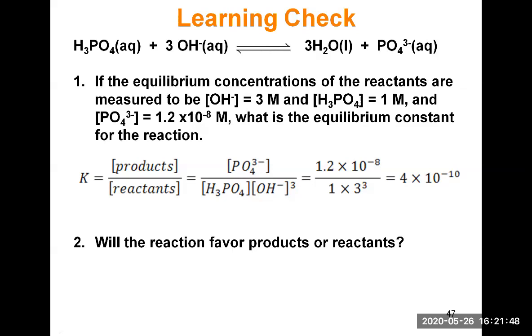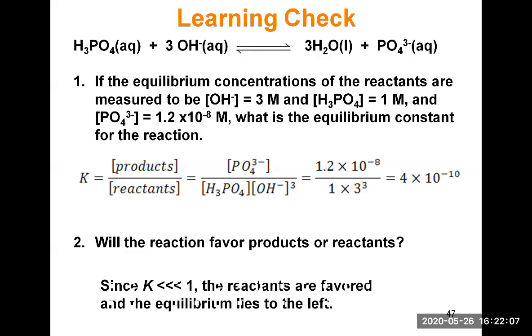When K is much smaller than 1, this means your concentration of reactant is much larger than the concentration of the product, right? The denominator is much larger than the numerator, which means we have much more reactant. So the equilibrium will lie to the left and favor the reactant in this case.